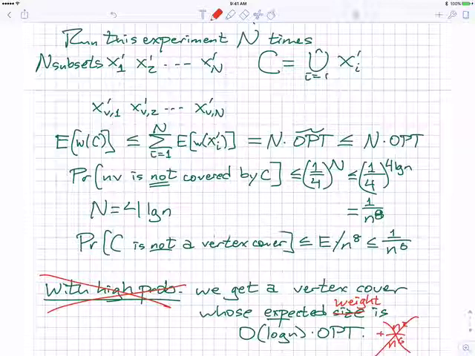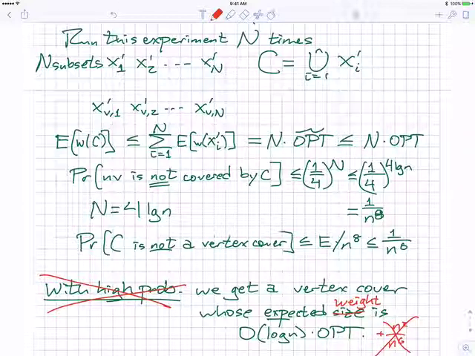And I cannot get a log n approximation algorithm by, say, always choosing the vertex with maximum weight, or with minimum weight, or with maximum degree, or doing any kind of greedy thing. That actually just doesn't work.